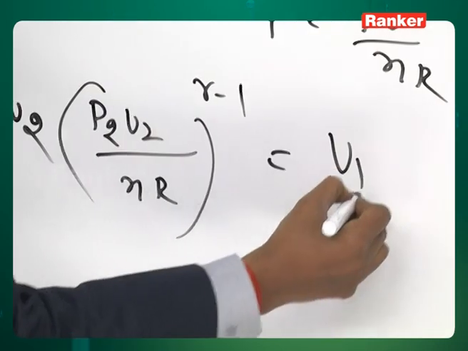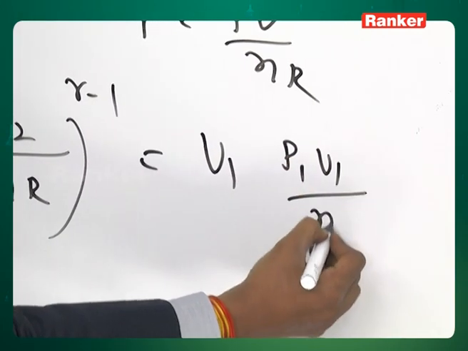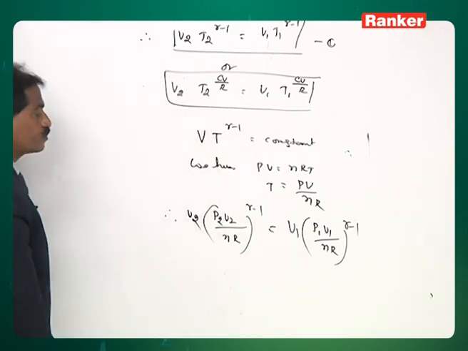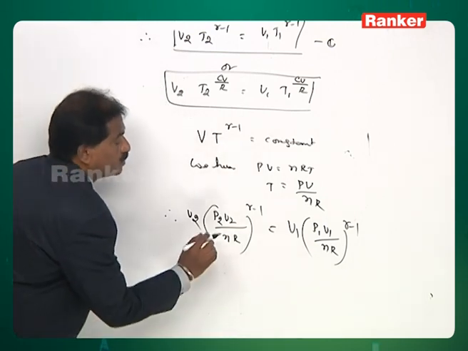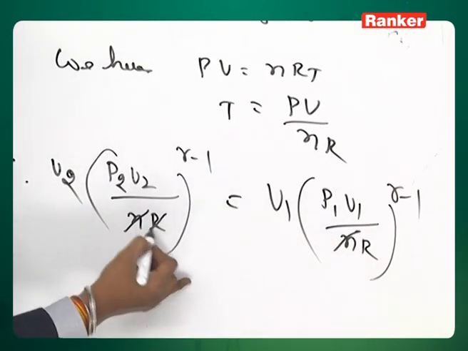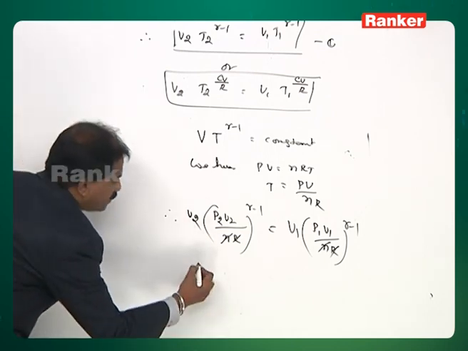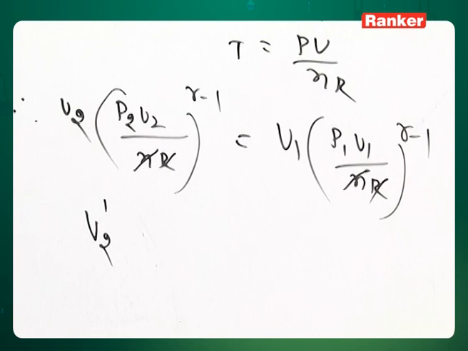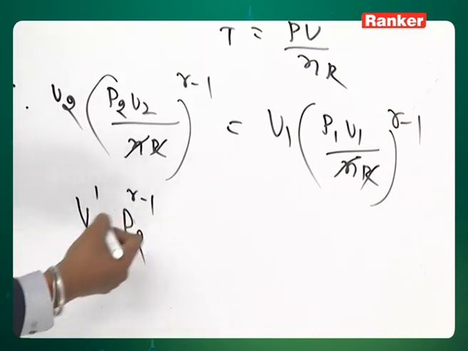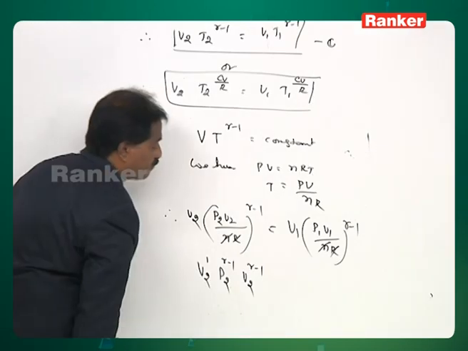Similarly, here V1, in place of T1, you put the P1 V1 upon nR to the gamma minus 1. So, in a given set of conditions, the quantity of the gas will remain same, R also remains same. Therefore, this expression we can represent like this: V2 power 1, P2 gamma minus 1, V2 gamma minus 1.